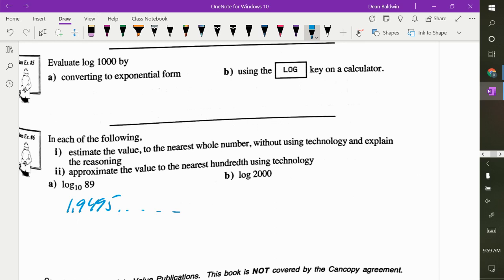Did you figure it out, Peyton? You don't need the base, bro. See what log 2000 is. Log 89? Oh, because 10 is automatically the base. Okay, what if I need a base? He's probably going to teach us this.